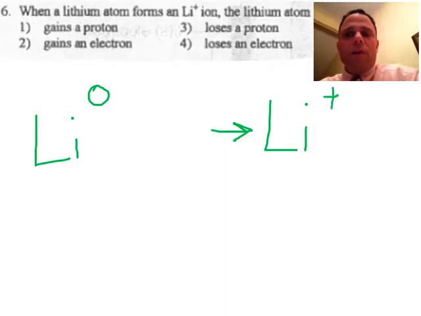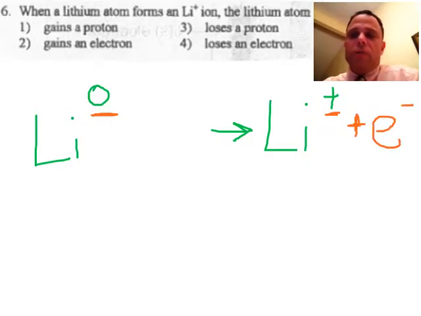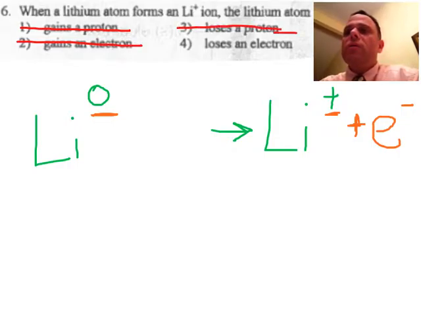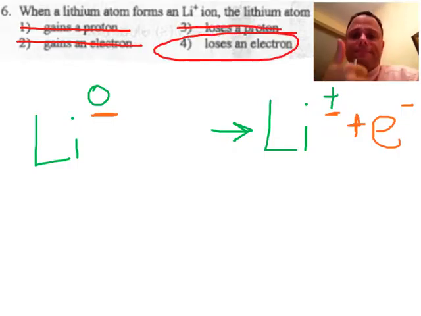So what must be occurring to go from 0 to +1? Well, in order for that to happen, you must lose a negative charge. So let's separate out that negative charge by putting it on the product side. You must lose an electron. And that happens to match choice number, not 1, it's not proton. Gain electron, no. Lose a proton, no. Lose an electron.